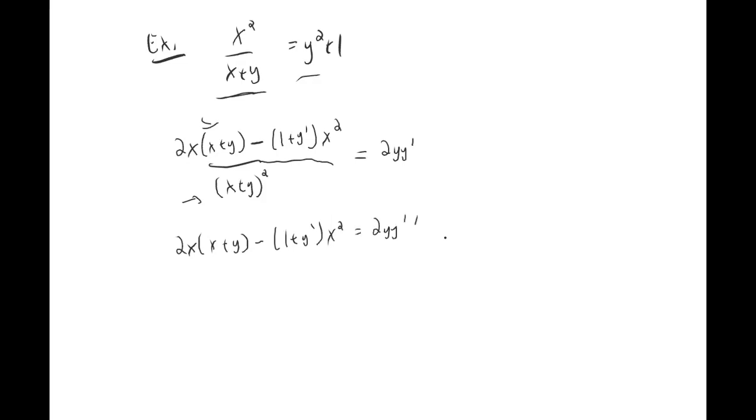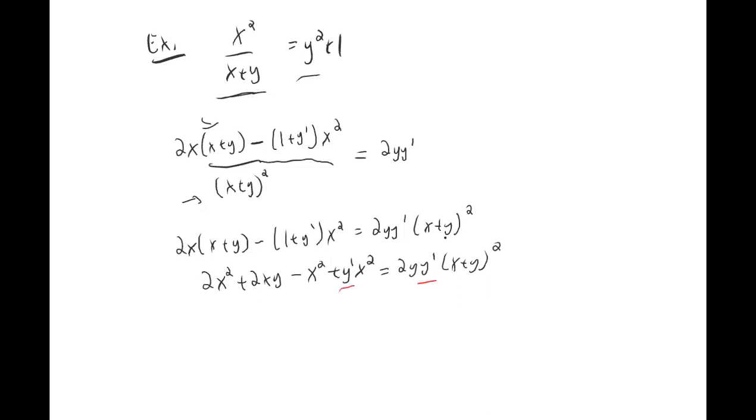2y y prime times x plus y squared. Okay, and then this is 2x squared plus 2xy minus x squared plus y prime x squared equals 2y y prime. So I have a y prime term here, y prime term here.